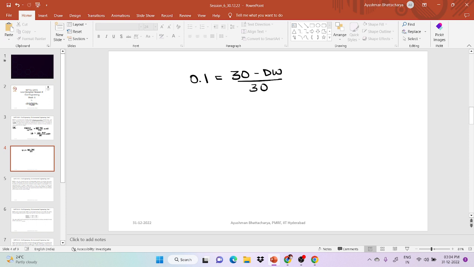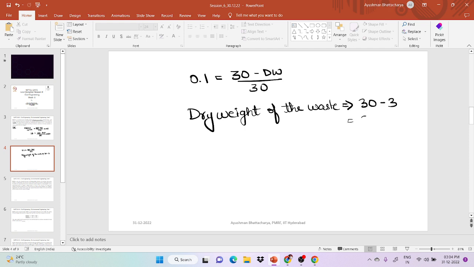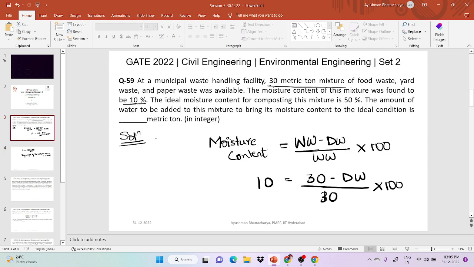If you solve it, the dry weight of the waste will be 30 minus 3, that is 27 metric ton, since the question has given the unit as metric ton.